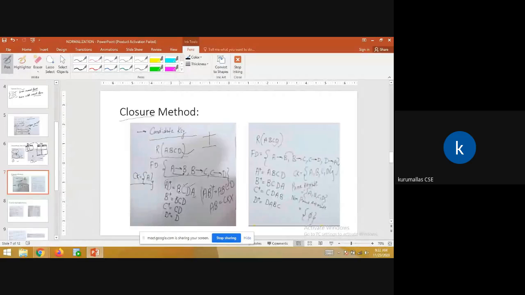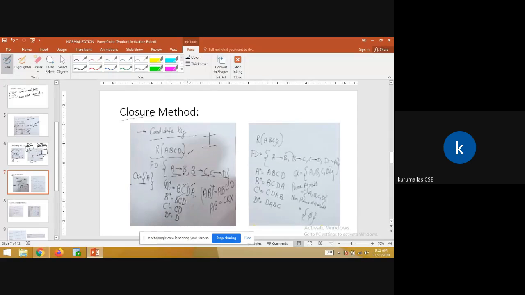Not only this one, we should not finalize yet. Once you find this candidate key, we have to check the remaining three attributes also. So what about b closure? B tends to b itself, b tends to c, and c tends to d.